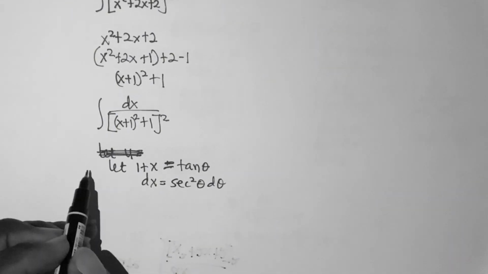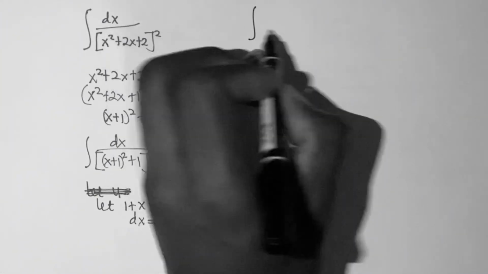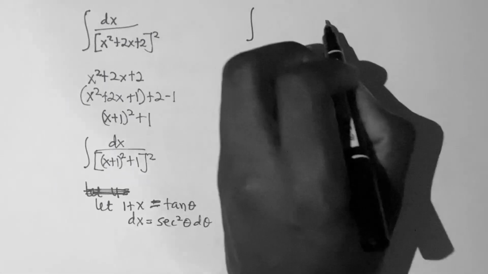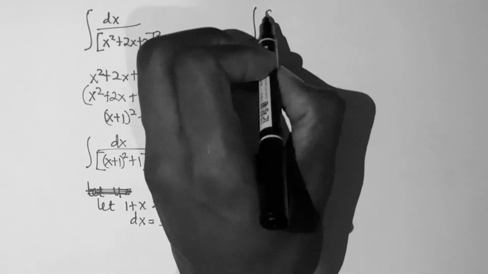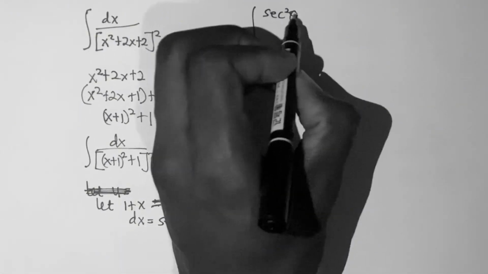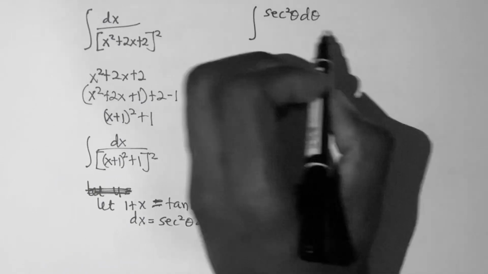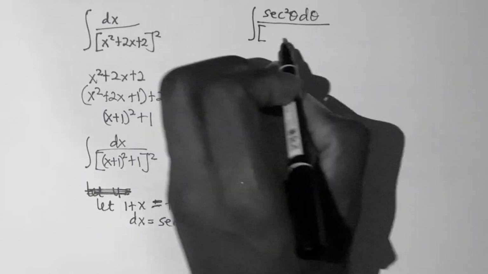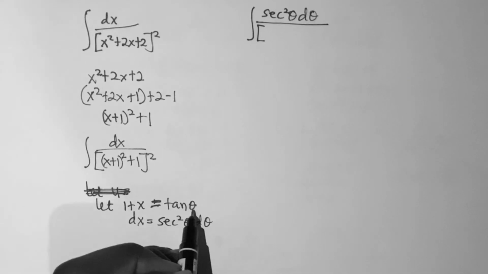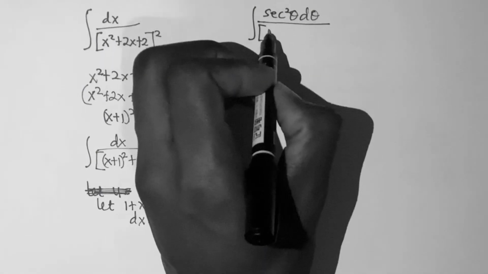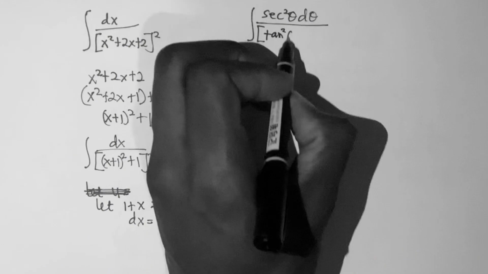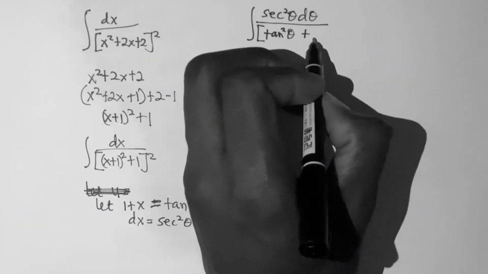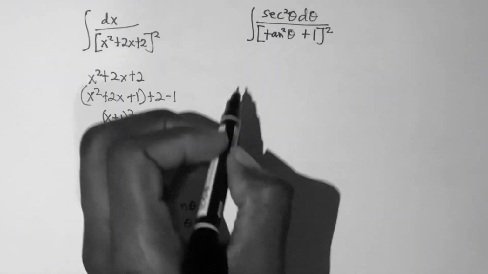So this integral becomes the integral of, now dx is sec squared, so sec squared theta d theta. Then all of this divided by, into brackets, we said that 1 plus x is tan theta. So here is going to give us tan squared theta plus 1, all of this squared.